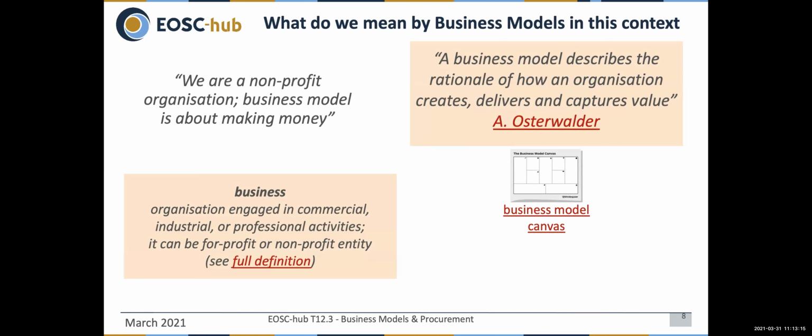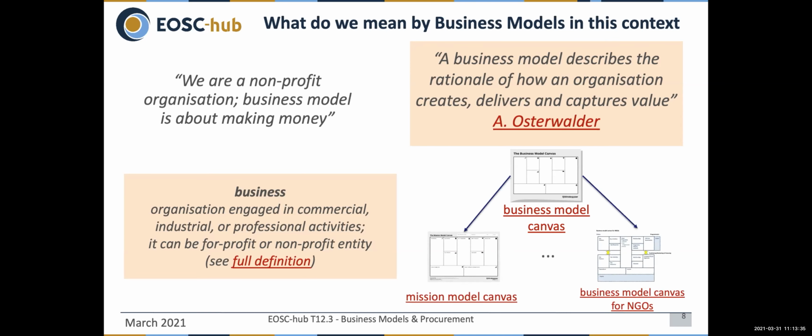And actually, while the business model canvas, this one-pager with the 9 key elements to be investigated when you think about business models, emerged initially thinking more about startups and creating new profit organizations, there have been a number of derived works from the business model canvas applied to non-profit organizations.